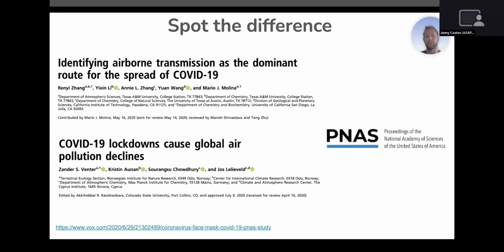The other, it was peer-reviewed, but the reviewers were chosen by the authors of the paper. Do you know which is which? Does anyone want to take a guess which one was peer-reviewed in the normal way? I'm going to take the silence as you haven't figured out which one's which.